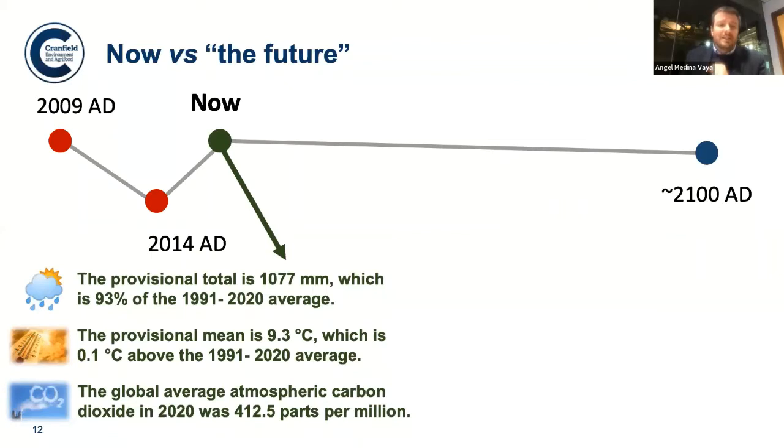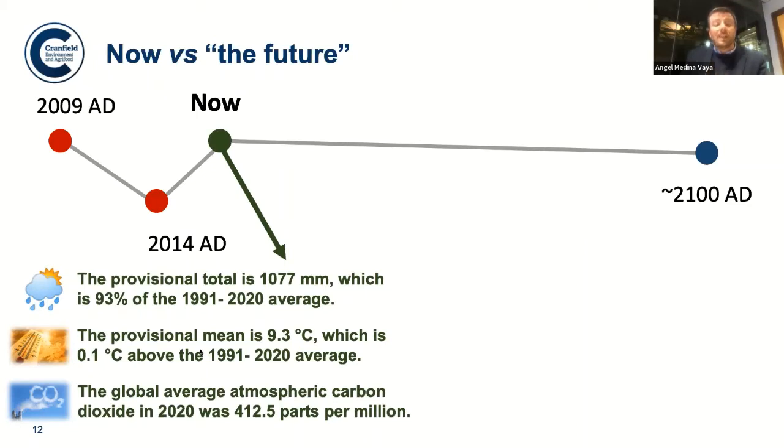Meaning that year by year, what we are seeing in general when we look at this data is that it rains less than it used to. When we look at the temperature, this year we've had 0.1 degrees Celsius above the average as well, with a mean of 9.3.